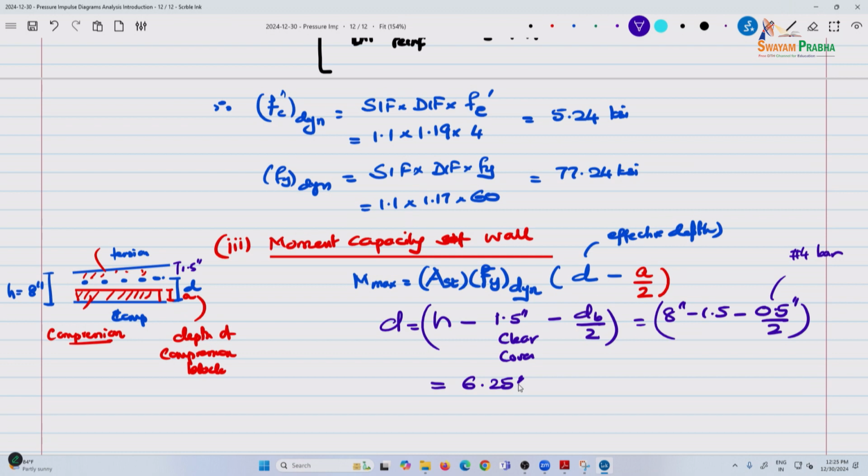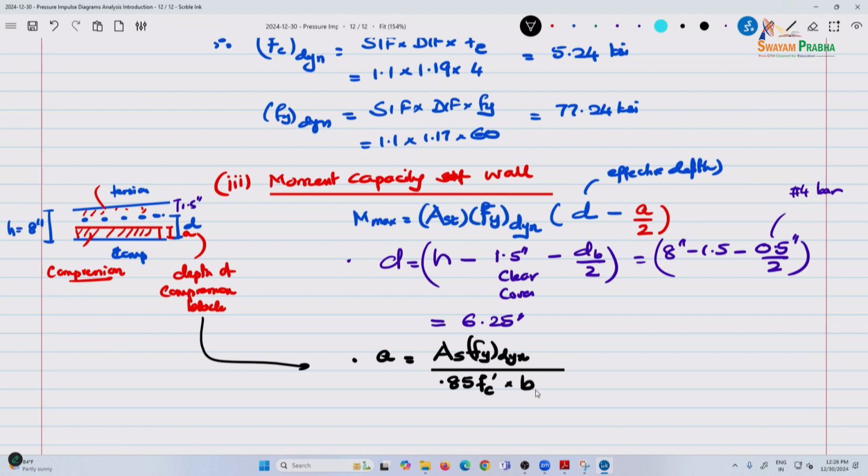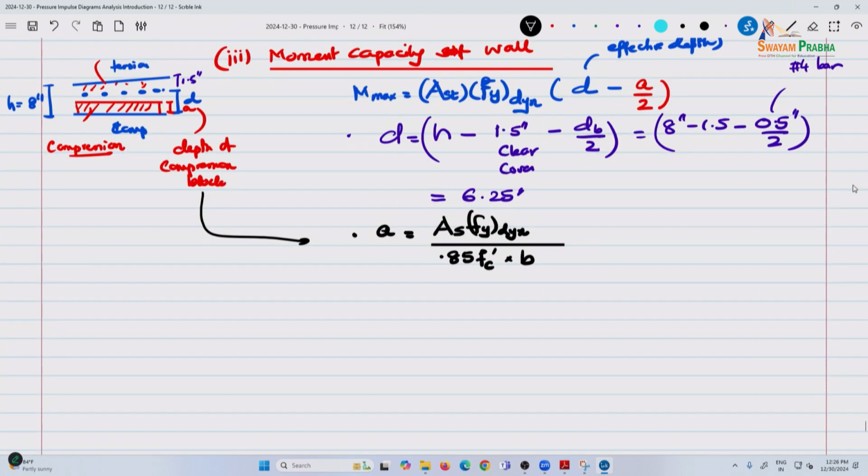Then the depth of the compression block A is given, from force equilibrium, as AS multiplied by Fy dynamic divided by 0.85 FC prime dynamic multiplied by B. Do not worry, this is what we call the Whitney stress block. You might be using the same thing, but use this expression.